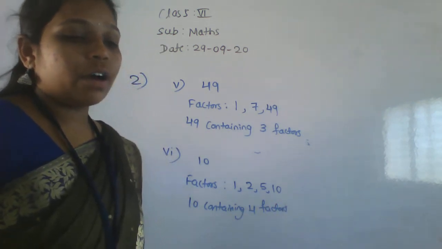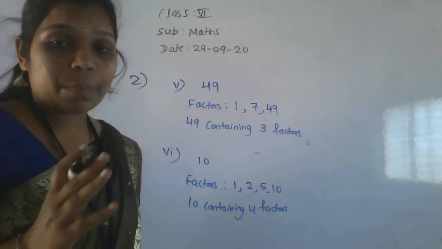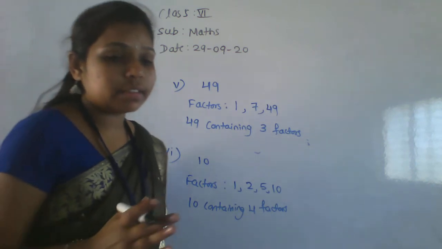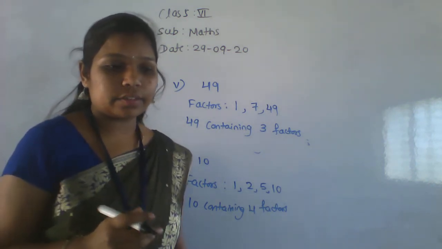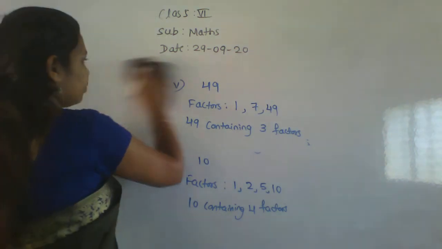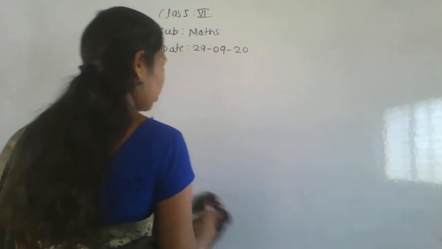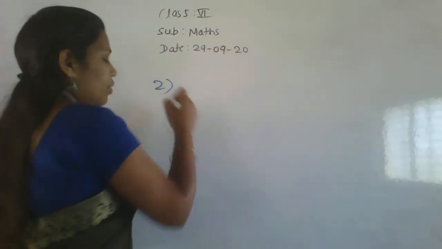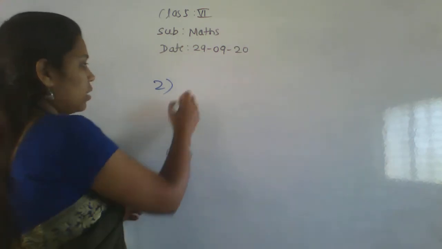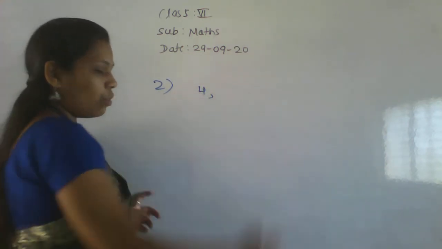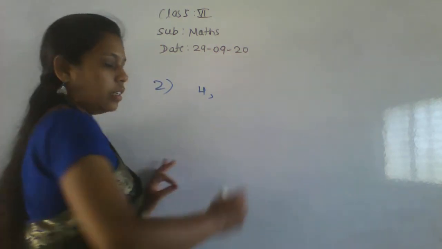They asked which of these numbers have exactly 3 factors. See here. Which are having the 3 factors? We formed already the factors, right? That is the first one, 4. After that 36 not, and 25: 1, 5, 25.